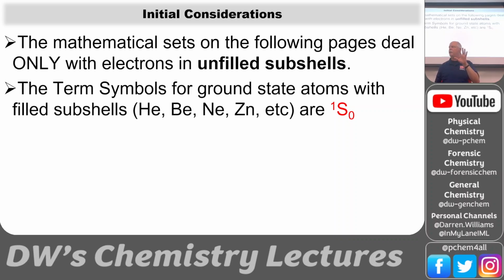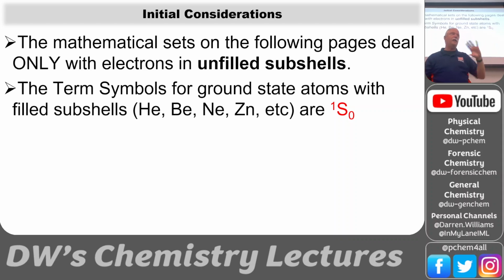So all of them are singlet S0 that have a completely filled subshell. So those are all of the last ones in each group. You see the beryllium group all the way down. You see the zinc group, zinc, cadmium, mercury, and then all the way over to the noble gases, helium, and all the way down. All of those have the same term symbol of singlet S0.